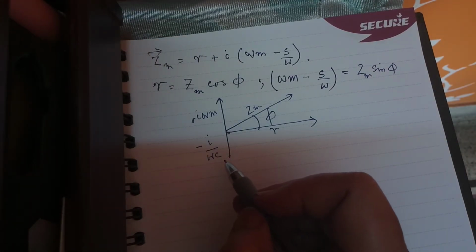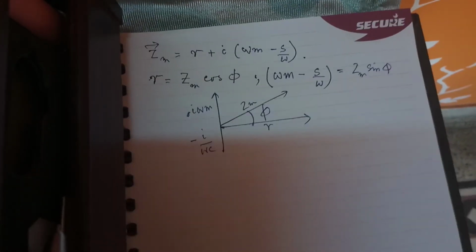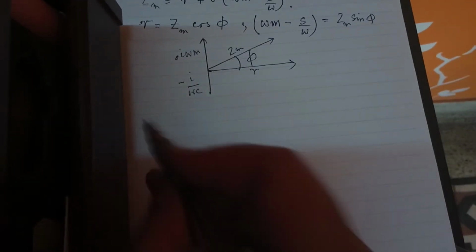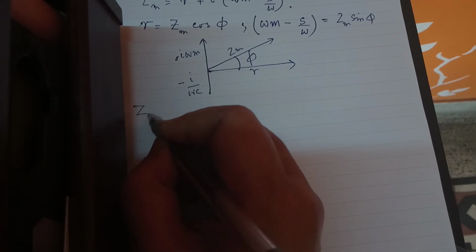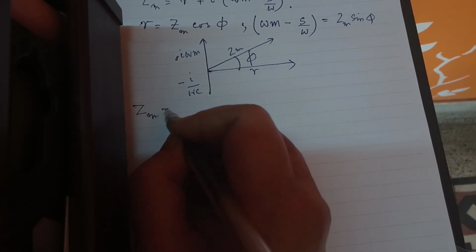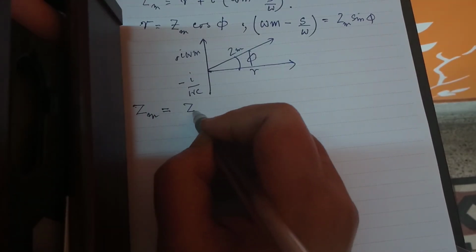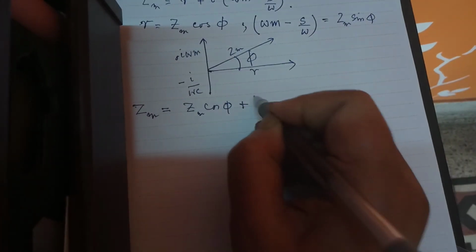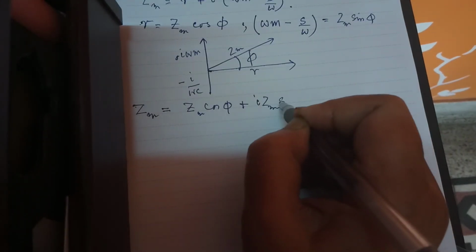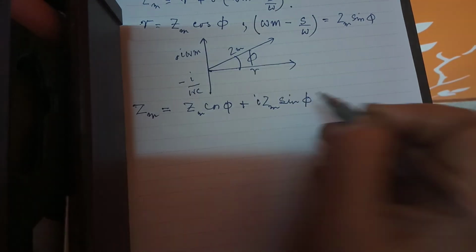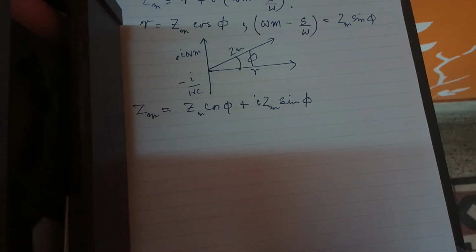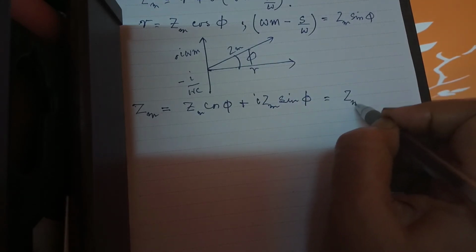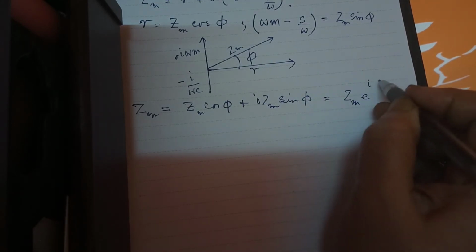Then you can always write your Zm as equal to Zm cos phi plus I Zm sin phi. You can write it in this manner. So that means you can put this as Zm e to the power I phi.